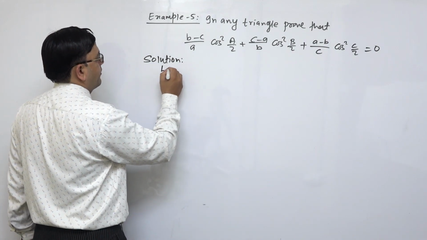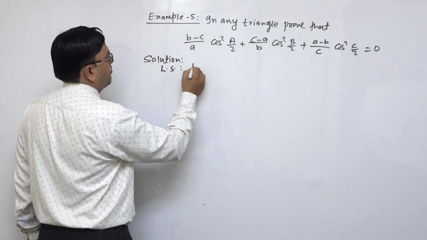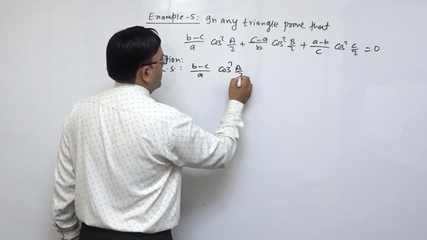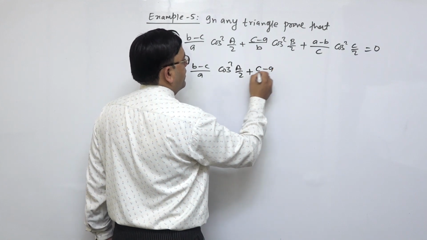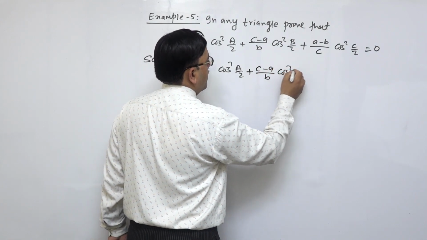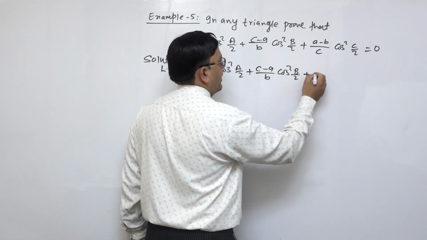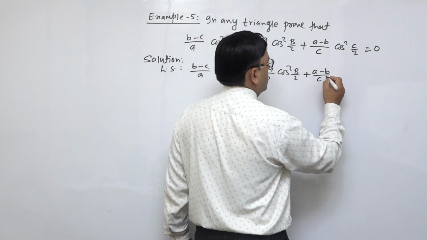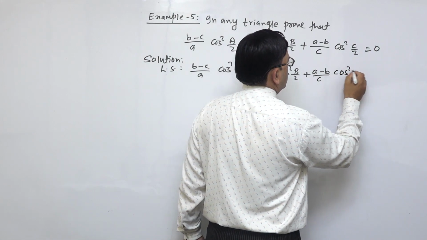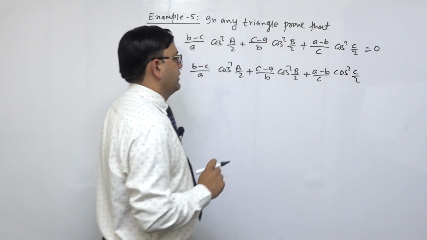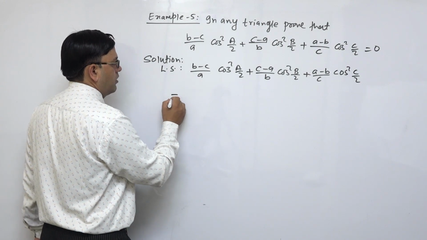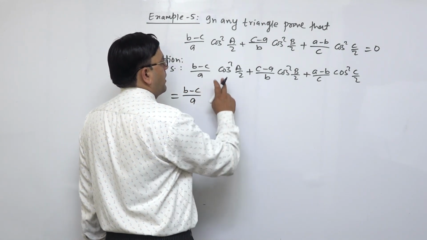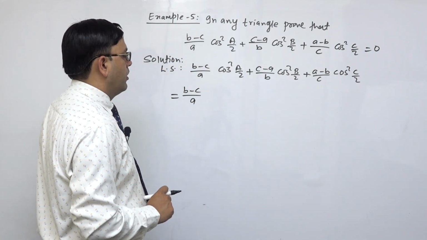Our left side is (b minus c) by a times cos square A by 2 plus (c minus a) by b cos square B by 2 plus cos square C by 2. We have to write it at least one time while we write the solution. Now this is equal to b minus c by a. What is the formula of cos A by 2?